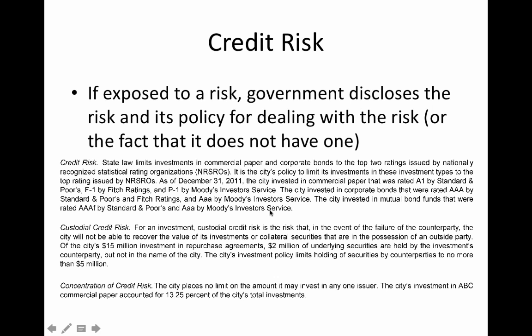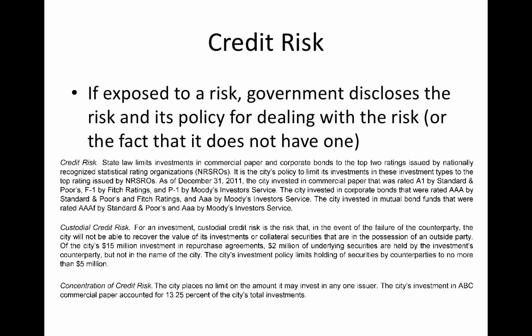If a government has investments in a single issuer of investments equal to 5% or more of its total investments, then it is required to disclose that it is exposed to concentration of credit risk, and it will disclose the amount and the investee that it is invested in that exceeds that amount.